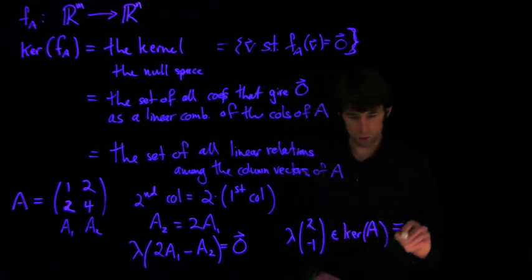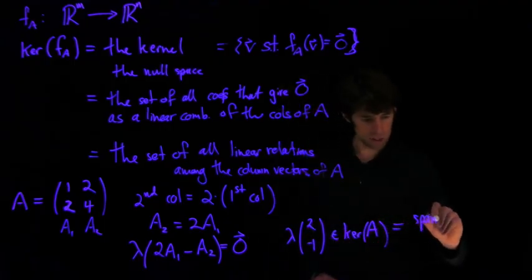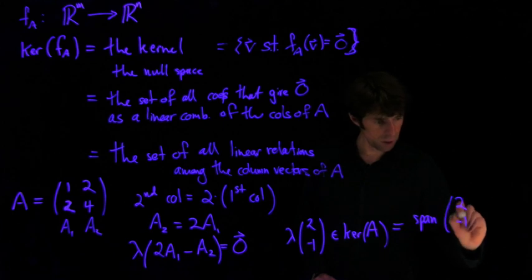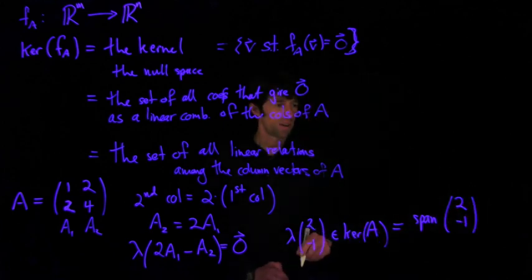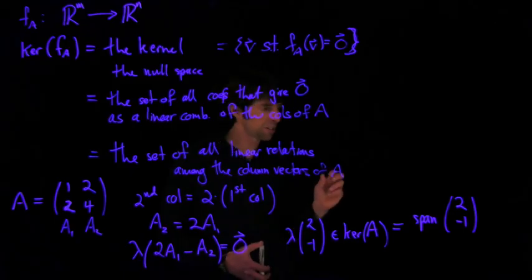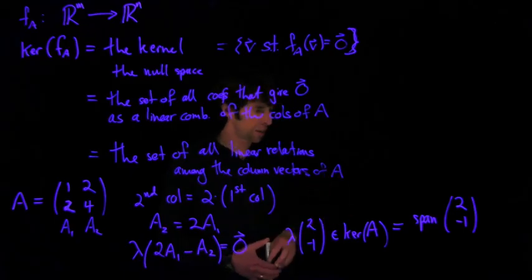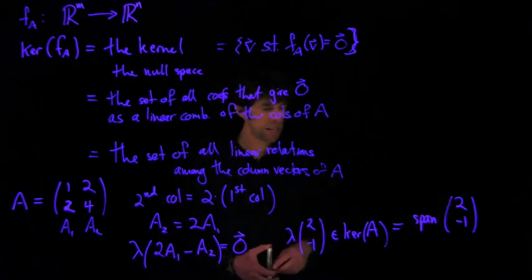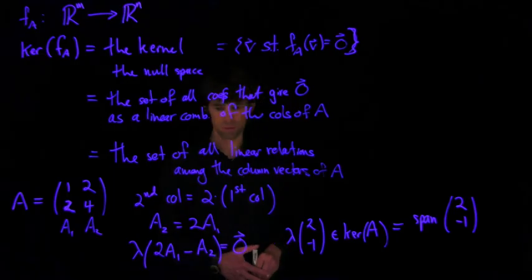So the kernel is equal to the span of the vector 2, minus 1. In fact, this is one independent vector. Any set of vectors of size 1 is a linearly independent set. So this vector is a basis for the kernel.